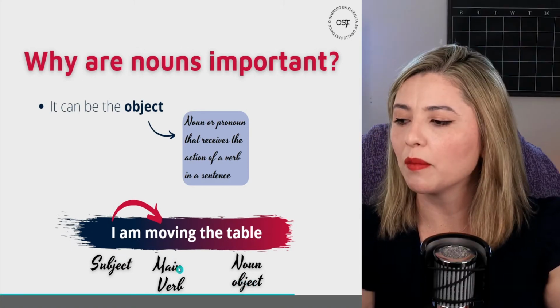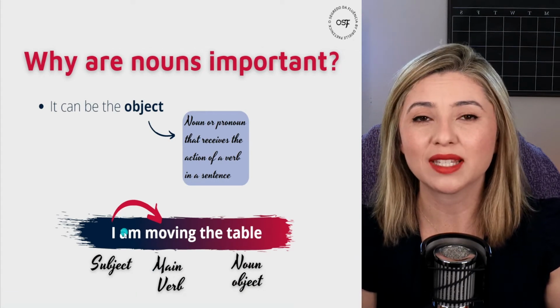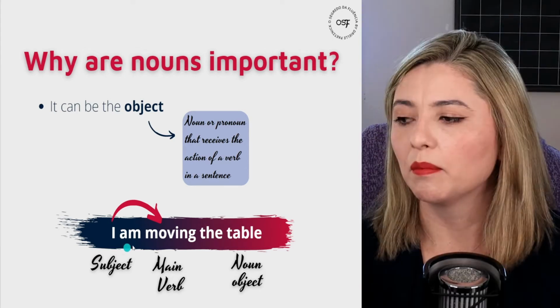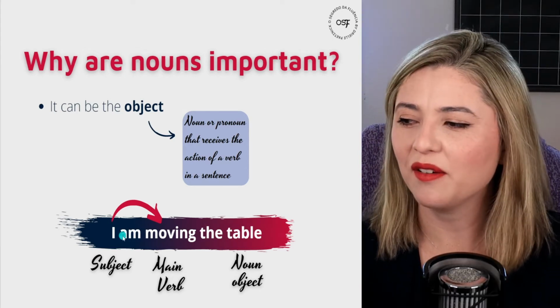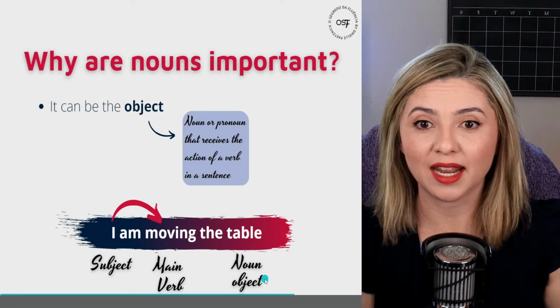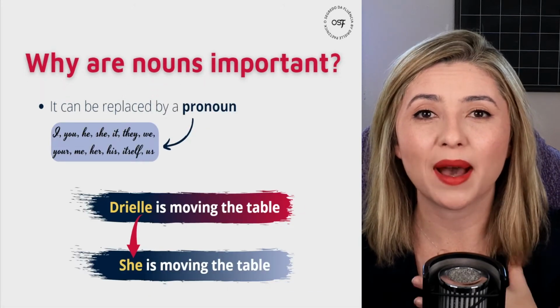Here I put main verb because we also have am, and am is also a type of verb, but here we call it an auxiliary verb. But I don't want to dive into that right now, so I put main verb and a noun.